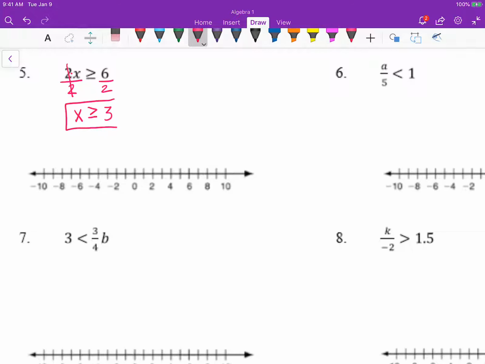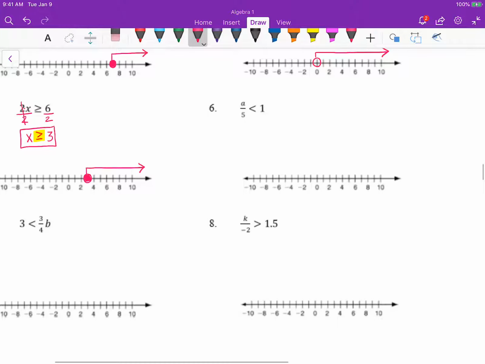X is on the left-hand side already, so we're going to keep it as is. And my circle is going to go at 3. It does have the equal to under the symbol, so I'm going to fill in my circle. And then because it's pointing to the right, we're going to shade to the right.